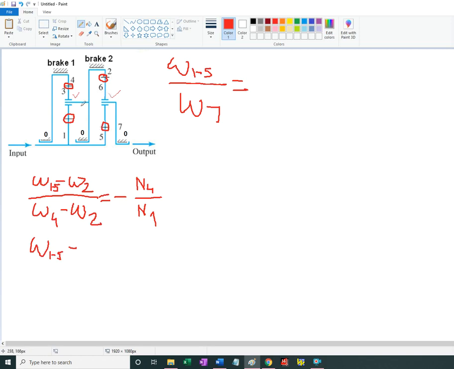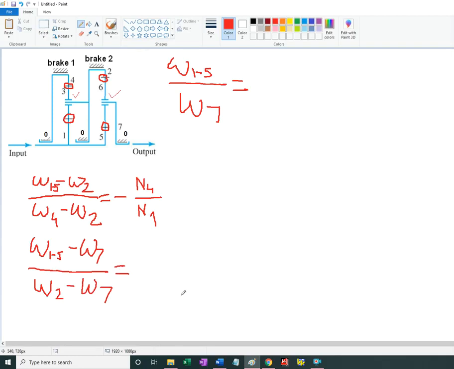So I'm going to body 2, which is the ring gear for the second unit, and I'm doing motion inversion, so it'll be negative omega 7 over omega 2 minus omega 7.